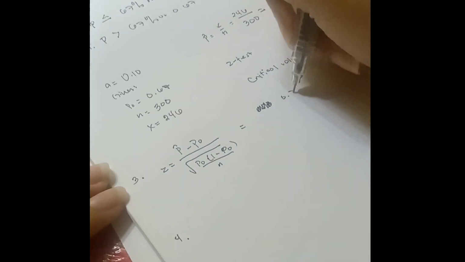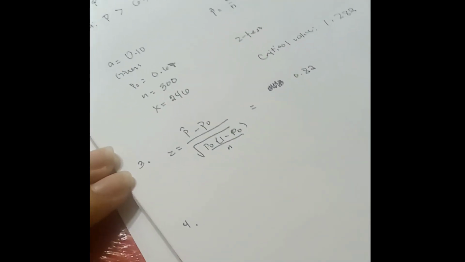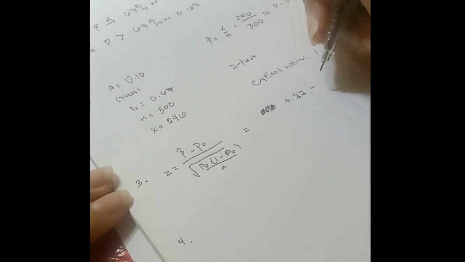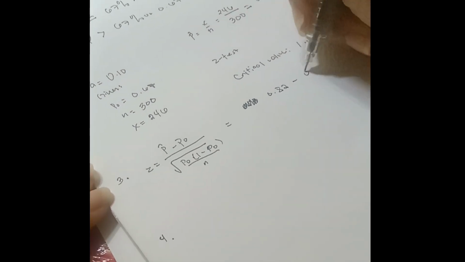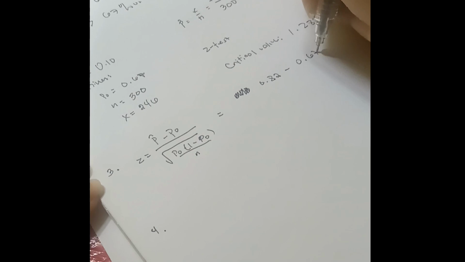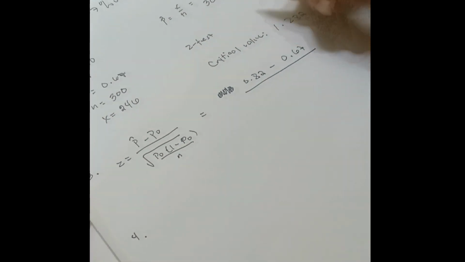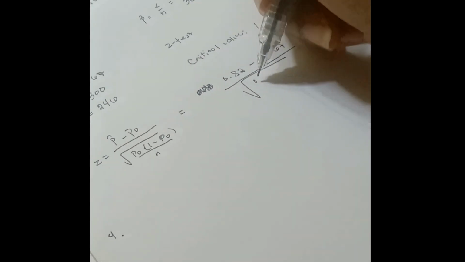P hat 0.82 minus 0.67 divided by the square root of 0.67 times 1 minus 0.67, divided by 300.